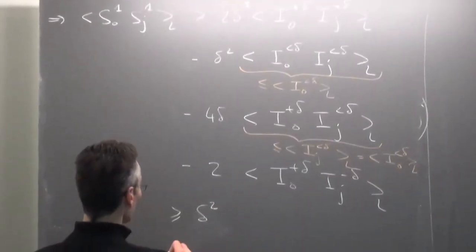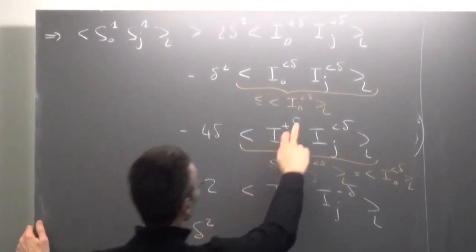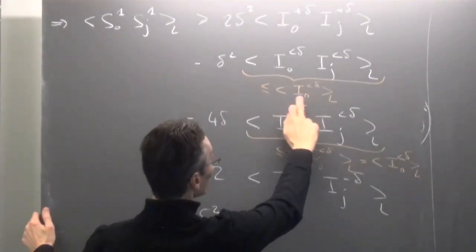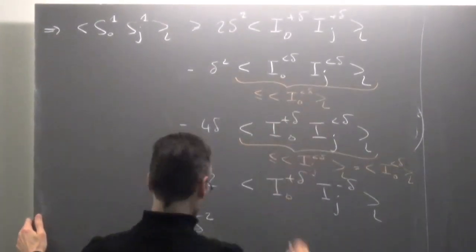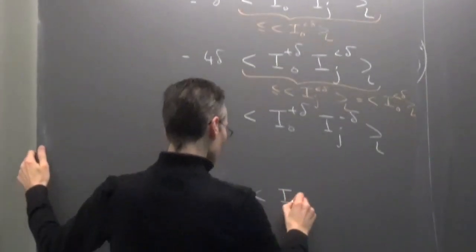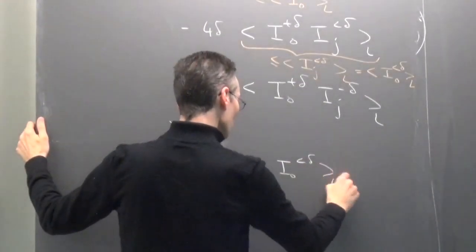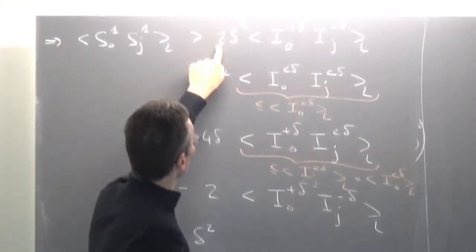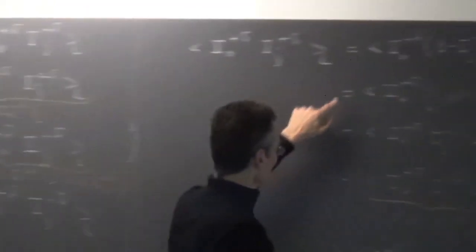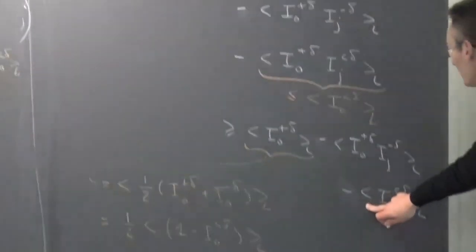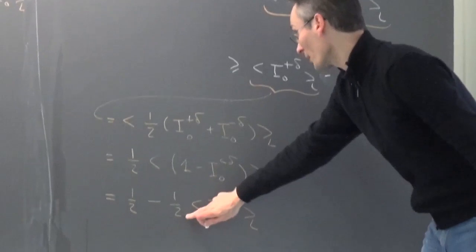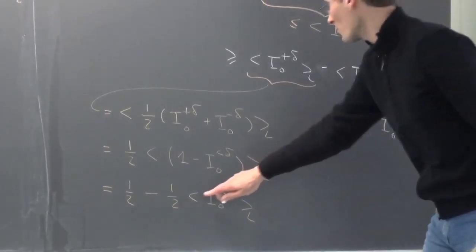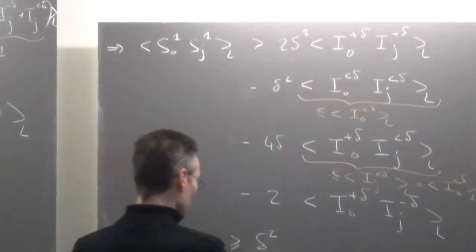So there are two types of error terms. One is an error term of the form a multiple of the expected value of I0 smaller than delta. And what is the prefactor? Let's see. From this guy, I get 2 delta square. And what do I get? I get here a minus 1, but I also get a minus 1/2. So I get a minus 3/2. Minus 3/2 times 2 delta square, it's minus 3 delta square.